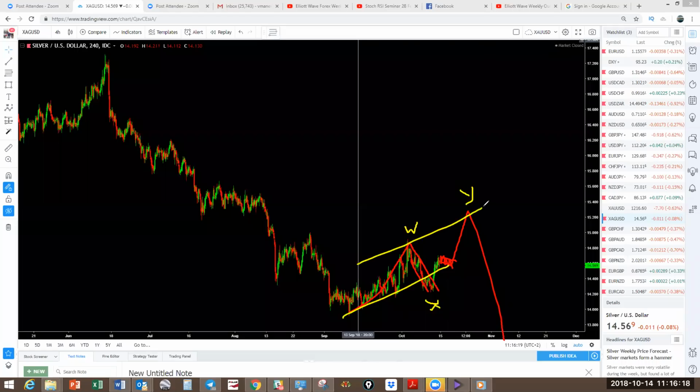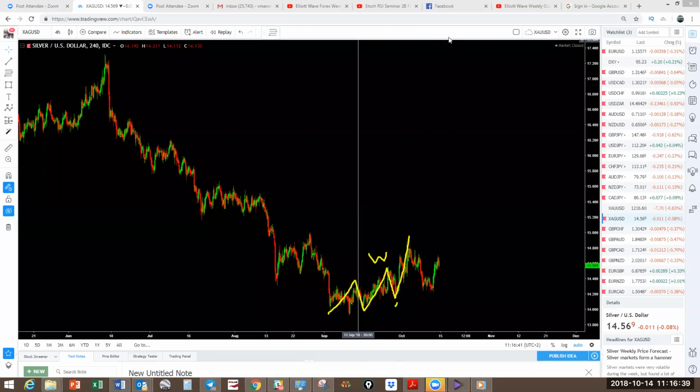Remember, I have been looking for this corrective structure from when it was this small. When it was this small, I've been expecting this to go to the 1350, but it made a double. As you can see, it made a double here, made a double, and another double. So here you've got a WX. Let's do that in a lower degree. You've got a WXY in the lower degree.